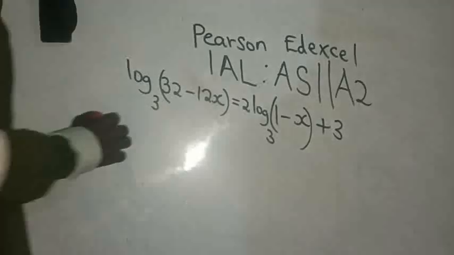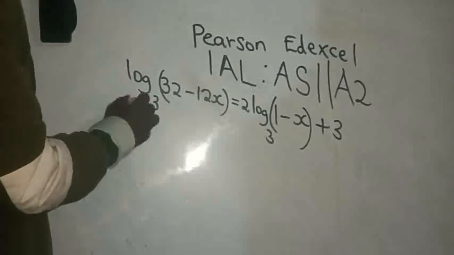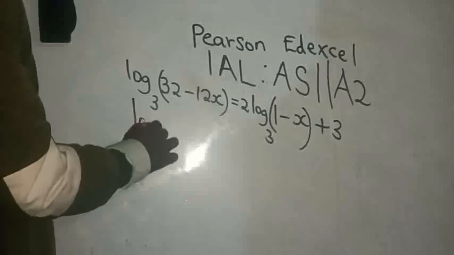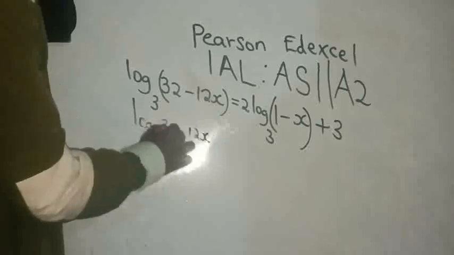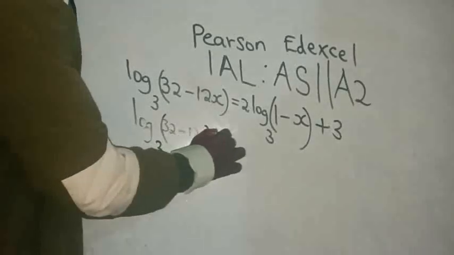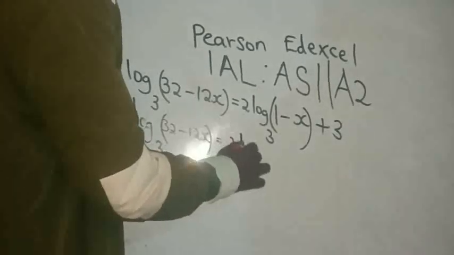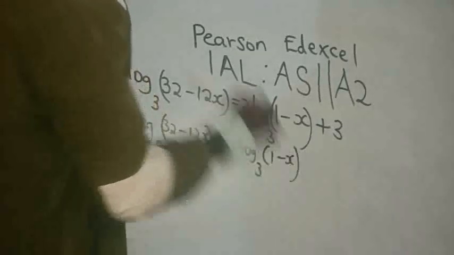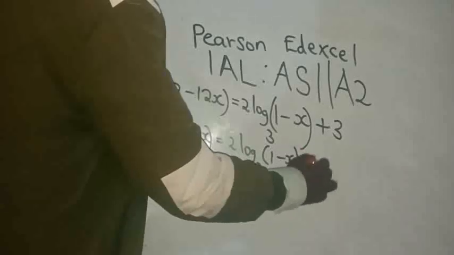So I'll first come up with this: log 32 less 12x, to base 3, should be equal to 2 log base 3 of (1 minus x), then plus 3.